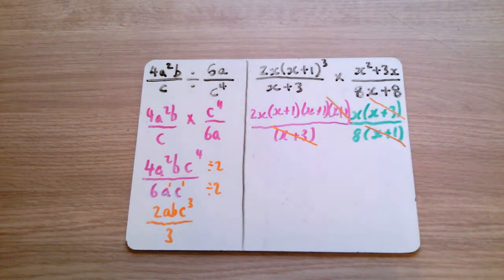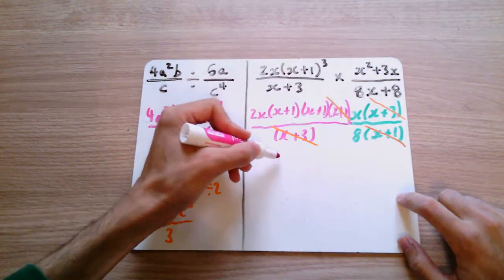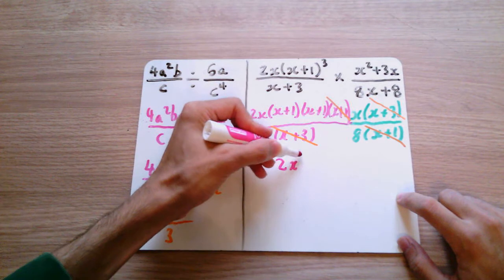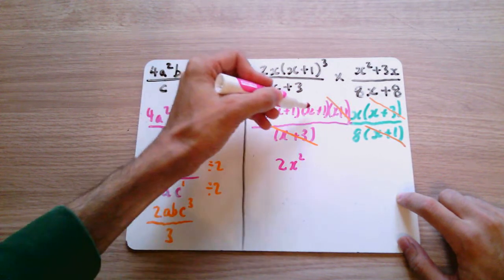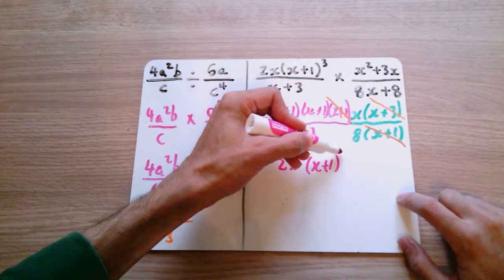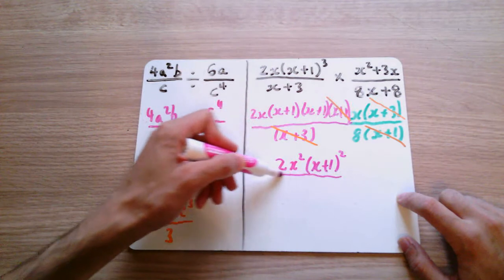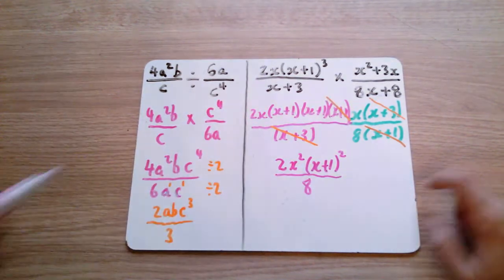If we look at what is left on the top, we have 2x, another x, making 2x squared, and then x plus 1 and x plus 1 giving us x plus 1 squared. On the denominator, we just have this value of 8.